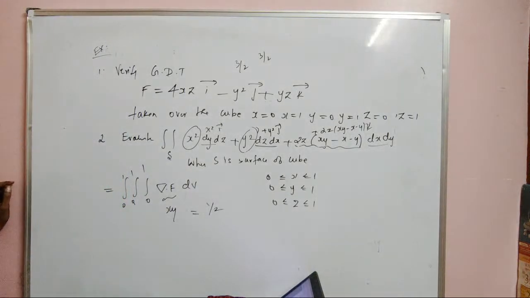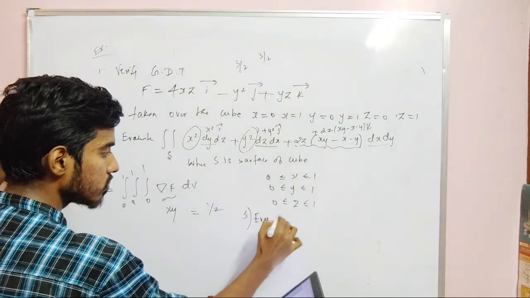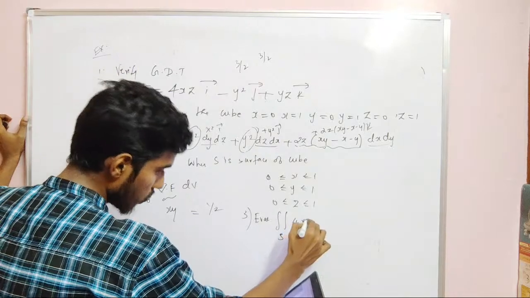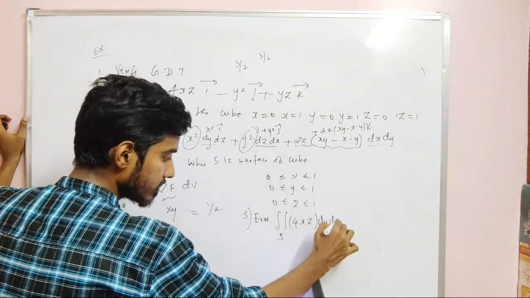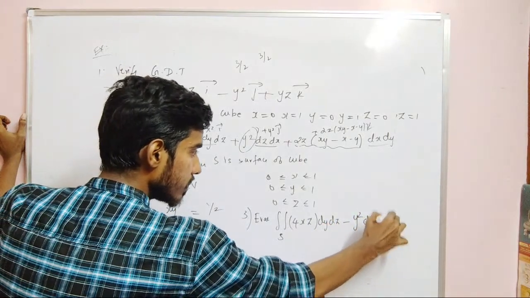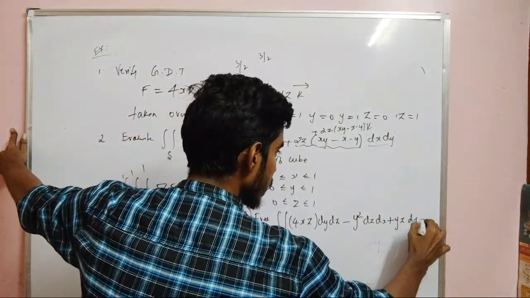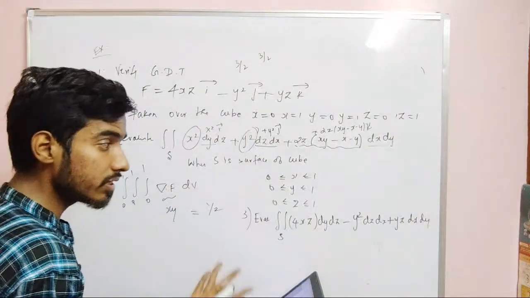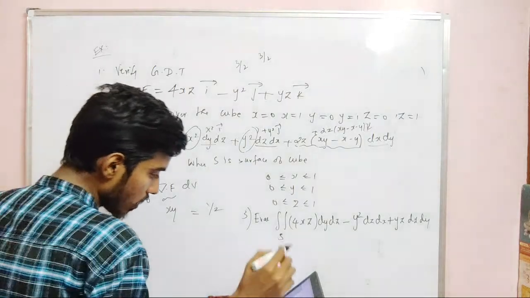And the third problem is: evaluate the double integral over S of 4xz dy dz minus y square dz dx plus yz dx dy. Again dy dz is the same as i vector, dz dx is the same as j vector, and dx dy is the same as k vector.